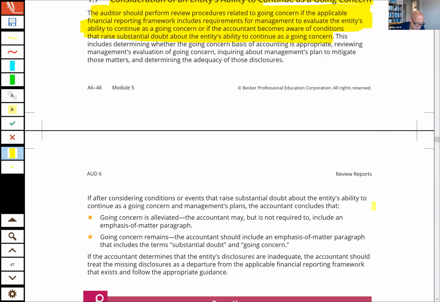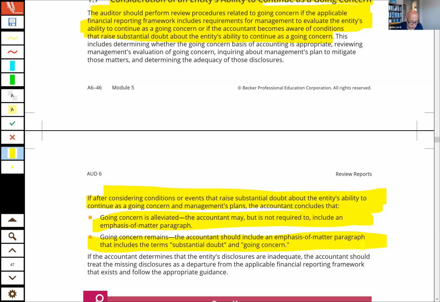If after considering conditions and events that raise substantial doubt about the entity's ability to continue as a going concern, it is alleviated, the accountant may but is not required to include an emphasis of matter paragraph. And if the going concern remains, the accountant should include an emphasis of matter paragraph that includes the terms substantial doubt and going concern.